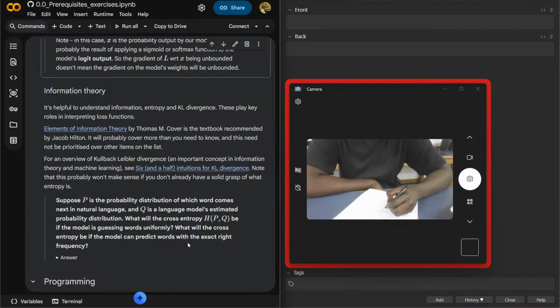And then y equals 0. Hold on. Oh yeah, no, this is y equals 0, and y equals 1 is minus log of x.